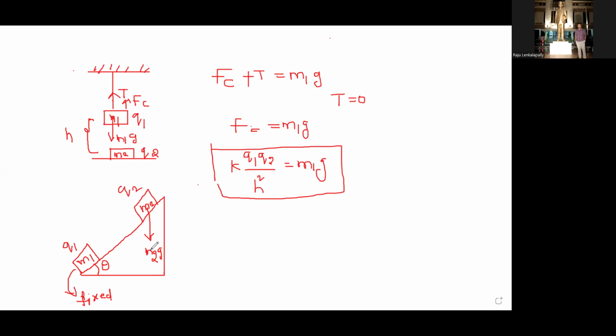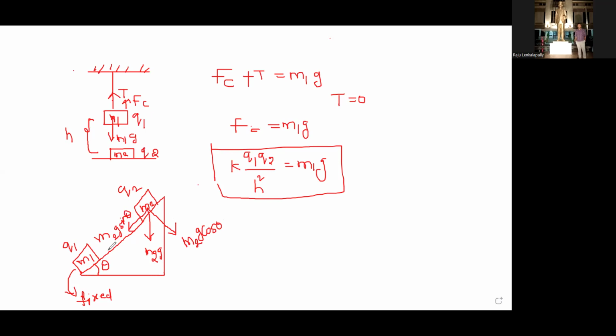This gravitational force we can write as two components: one is the sine component and one is the cos component. This is m2g cos theta, and this is m2g sin theta.